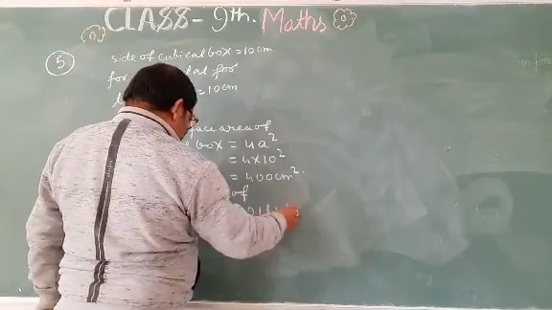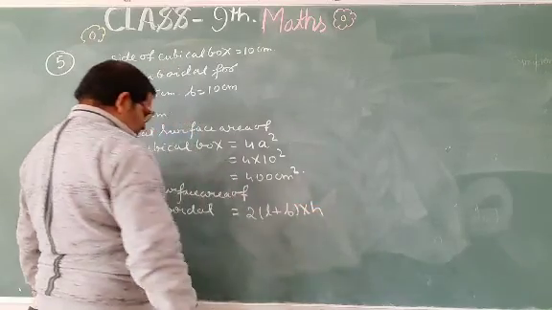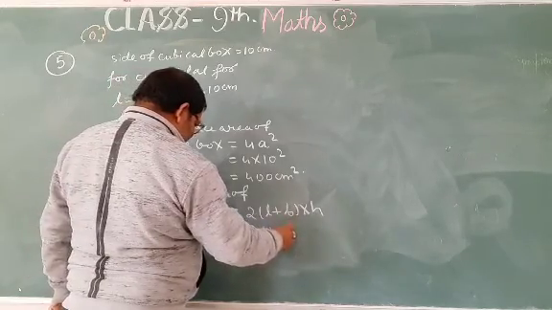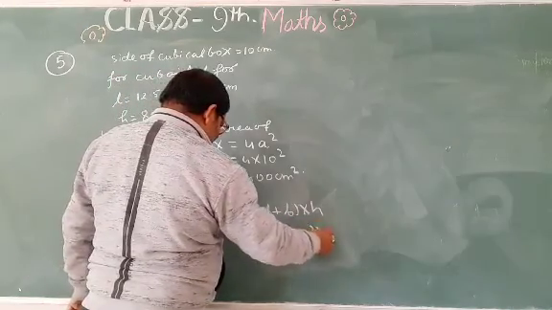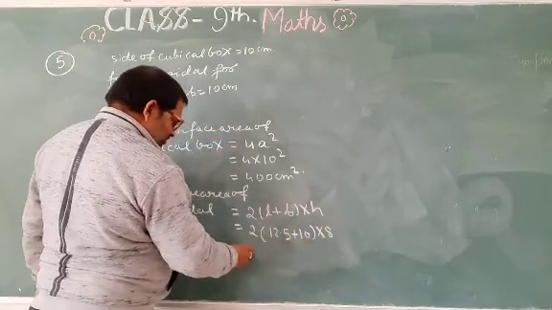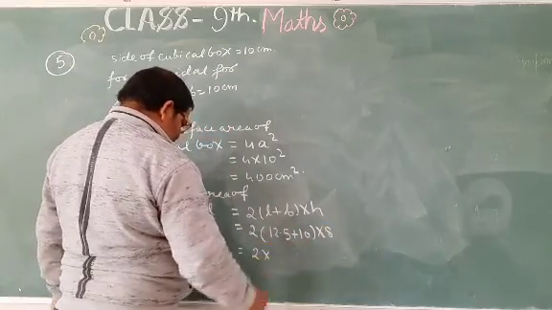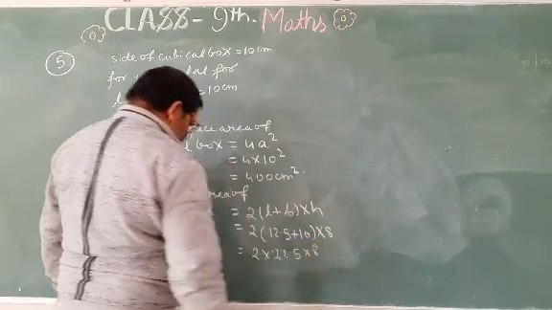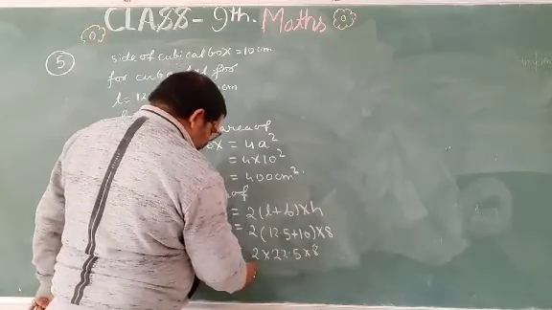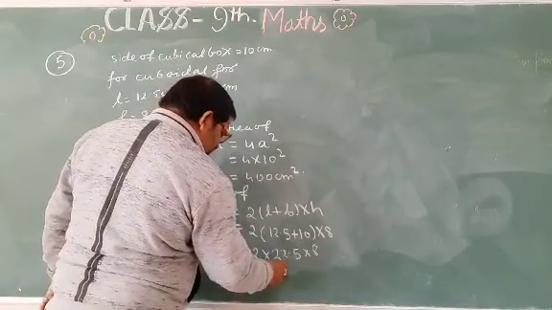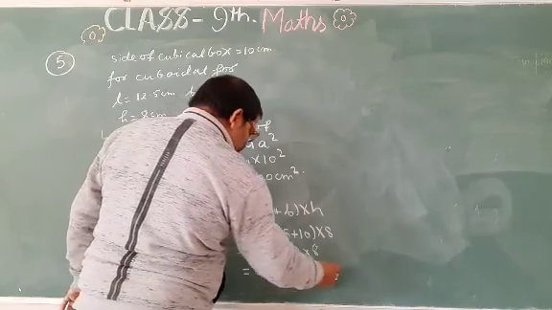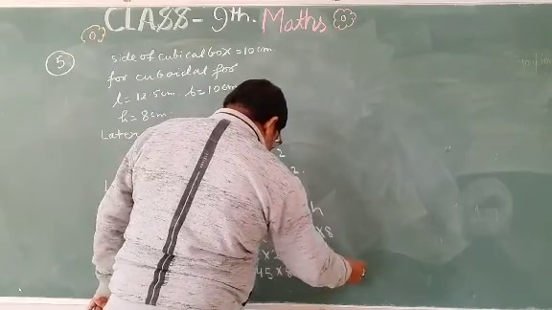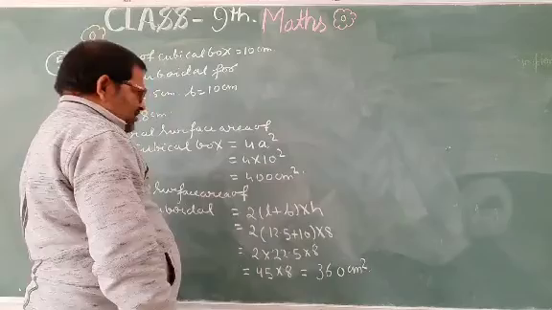2(L plus B) into H, which is 2 into (12.5 plus 10) into 8, which is 2 into 22.5 into 8, 45 into 8, which is 360 centimeter square.